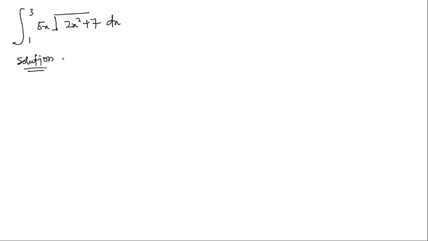Looking at this integration, straight away we know we need to use the method of substitution. So we say let the function that we have over here be u, so u is 2x squared plus 7. If we differentiate u with respect to x, du dx gives us 4x.